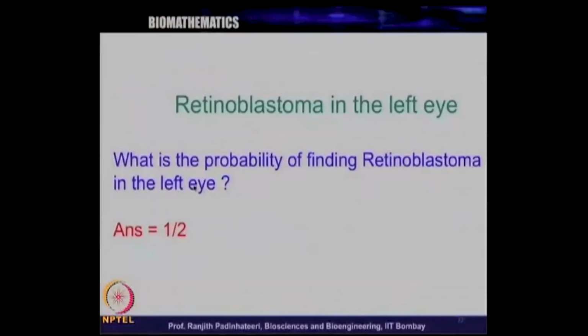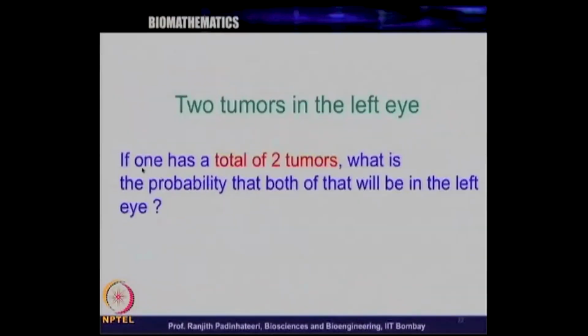Now, we can ask the question, if one has a total of two tumors, what is the probability that both of them will be in the left eye? If somebody has two tumors in the eyes, what are the different possible situations?